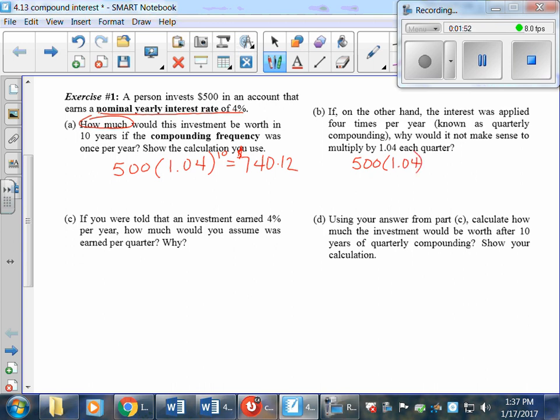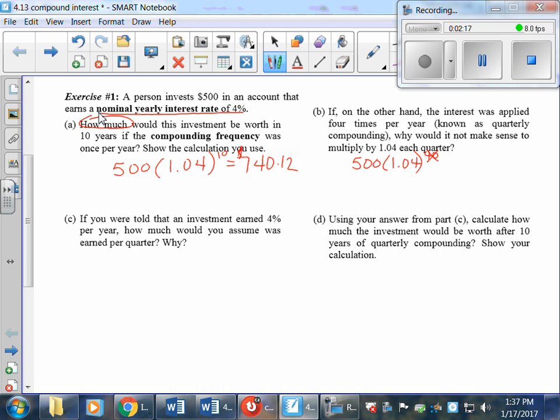Here we'd have to raise it to the 40th power, because it would compound 4 times a year. And obviously that's going to give us an awful lot more money than $740. So basically you're just going to write that it's going to give you more than just compounding 4% per year. So we can't do that.